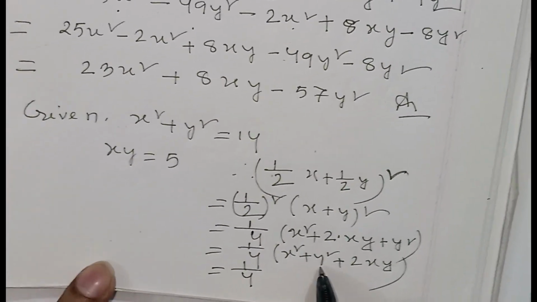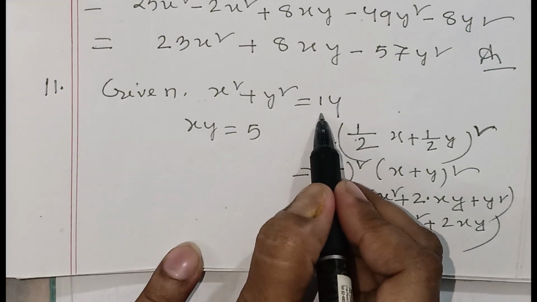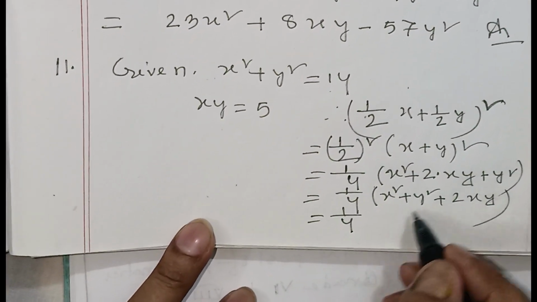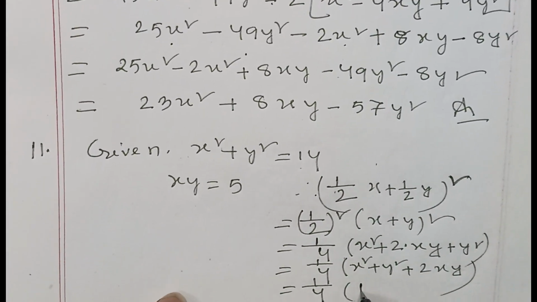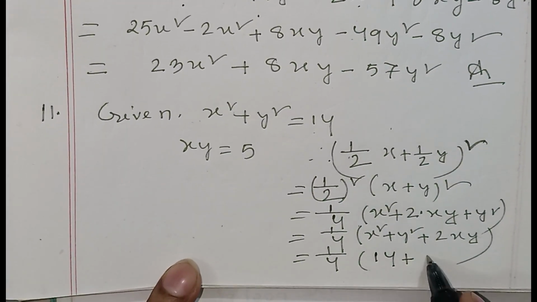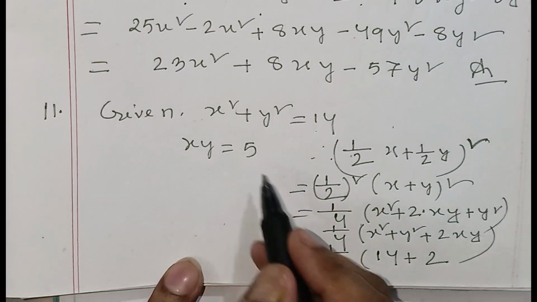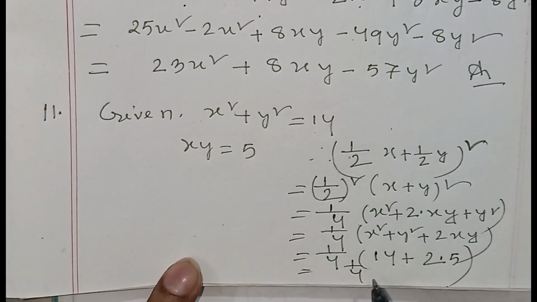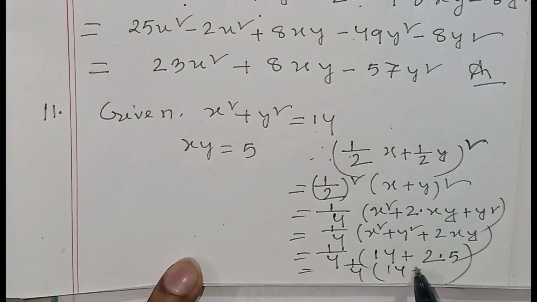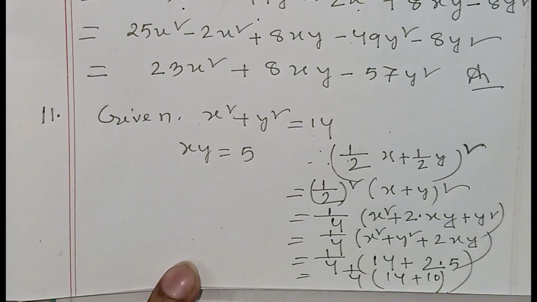So x square plus y square value is given here as 14. That's why I arrange this term. So now put the value: x square plus y square is 14 plus 2 and xy value 5. So calculation: 14 plus 10, that means 24.